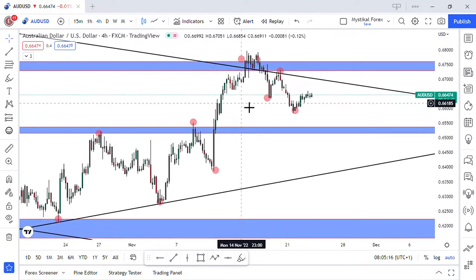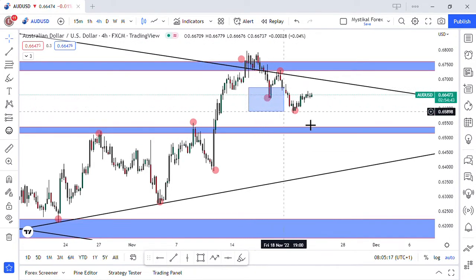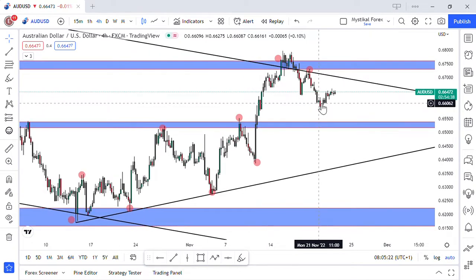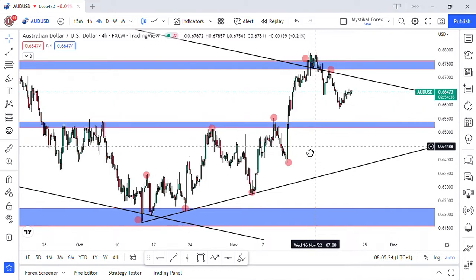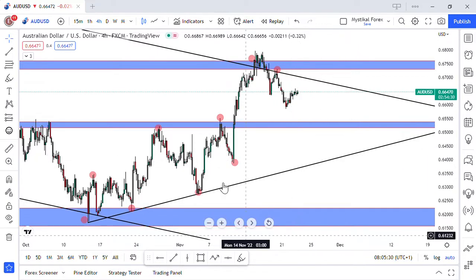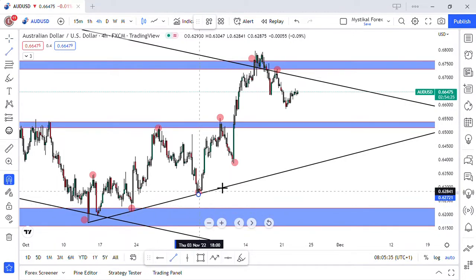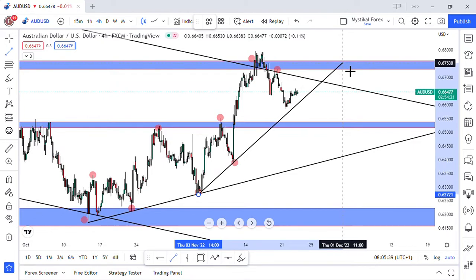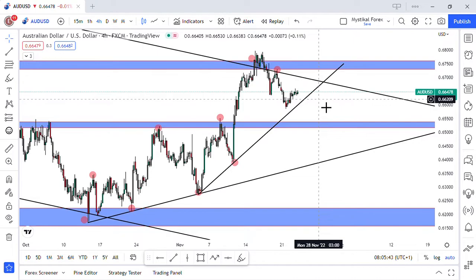Okay, judging from the looks of this, the market is rushing for this level right here, and we are going to be tracking this. We are not going to stop. We are going to be tracking it for as long as we can, guys.